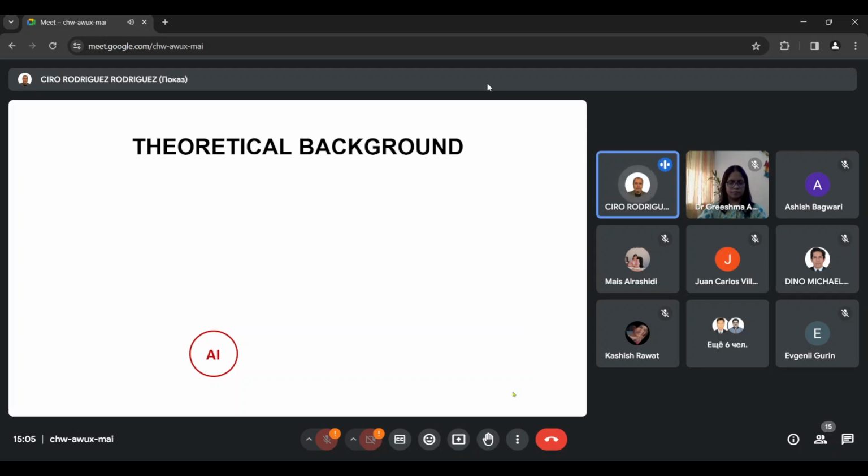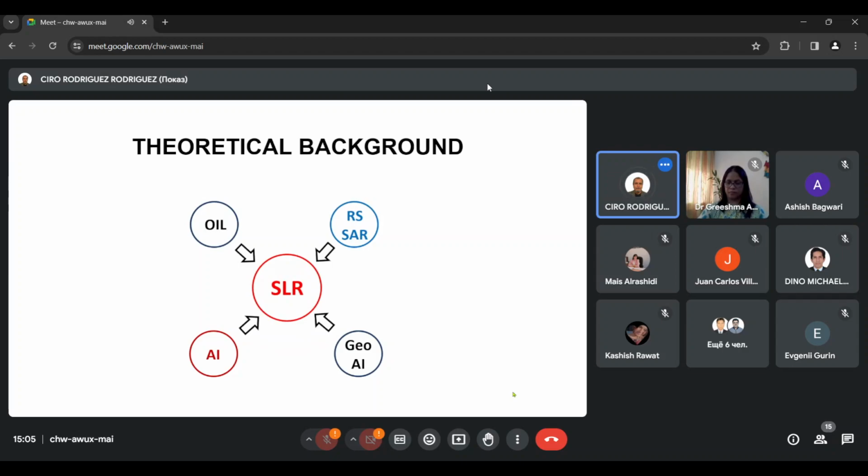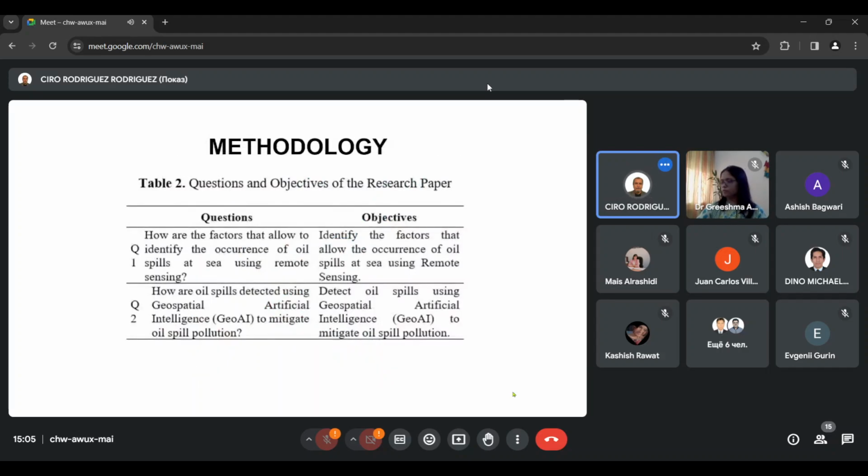So, searching the literature about how artificial intelligence can help detect the spilled oil using different technologies, for example SAR and GeoAI, all the information was collected to understand how it is occurring and how we can solve this problem.